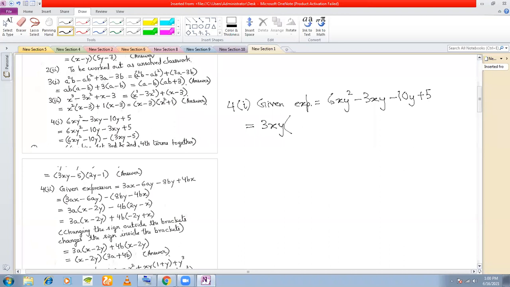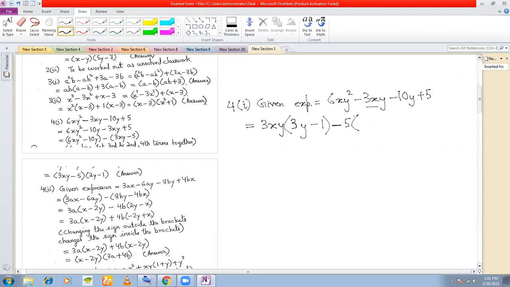Now from 6xy square, if you're taking out 3xy, 6 divided by 3 is 3. x divided by x is 1. We don't write that. y square divided by y is y, minus. Now 3xy. From 3xy, you are taking out 3xy. So you're only left with a 1, minus. Now 5 and 10y. The HCF here is simply 5. Introduce brackets.